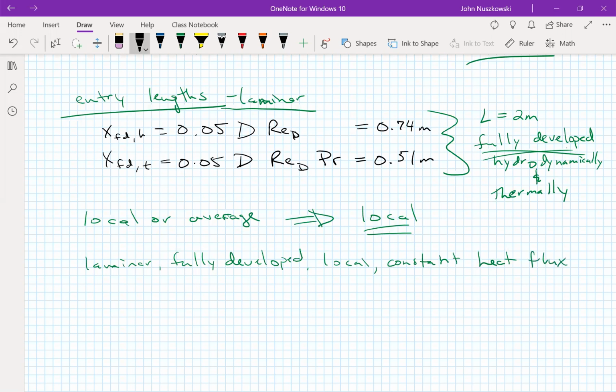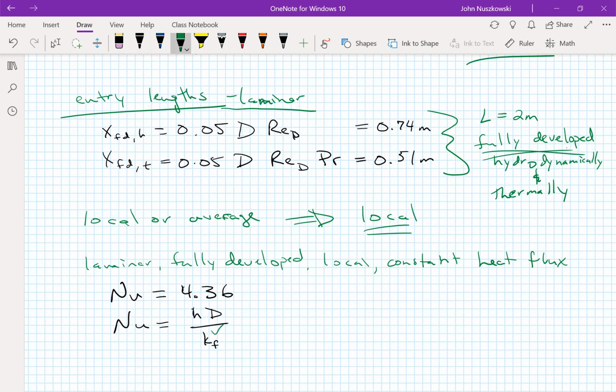We get Nusselt number is just 4.36. So it's a single value for the Nusselt number. But we also know that Nusselt number is h times the characteristic length, which is diameter in internal flow, over the fluid's thermal conductivity, right?